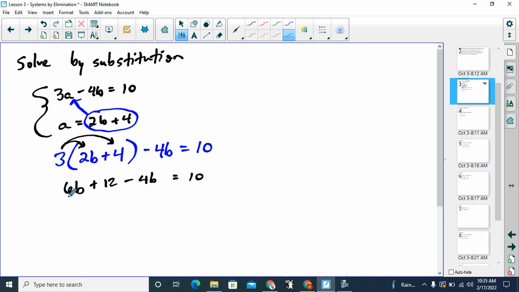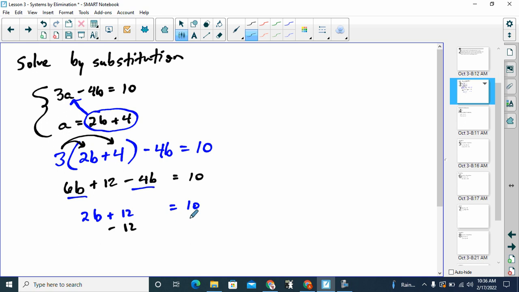I have some like terms. This 6b and this minus 4b are both on the same side of my equation. So I'm just going to combine them up. 6b minus 4b is 2b plus 12 equals 10. And now I'm down to a two-step equation that we should be able to solve.